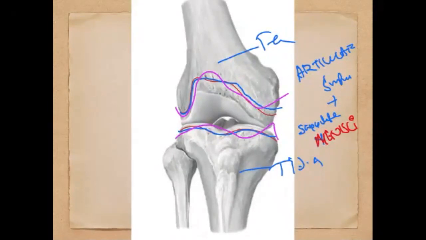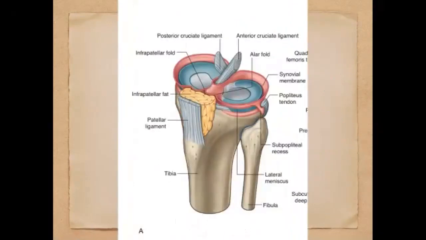So this is joint capsule, not the joint capsule, but synovial membrane, not the joint capsule, synovial membrane. Okay, you have to remember that. And here clearly observe, this is the synovial membrane, means joint articular cavity.